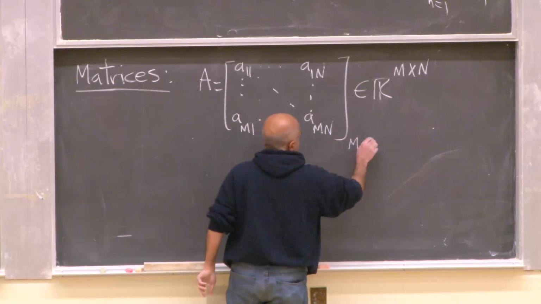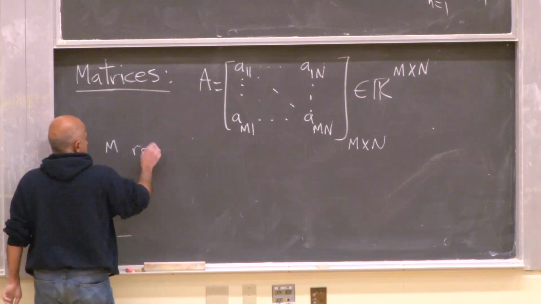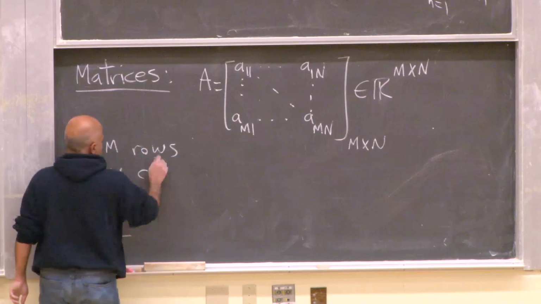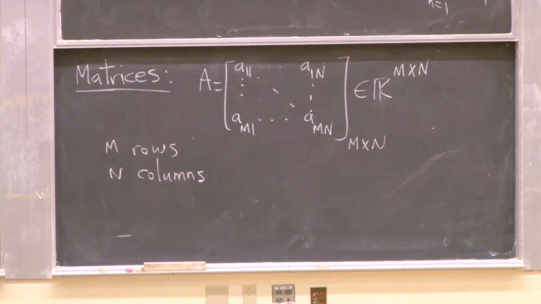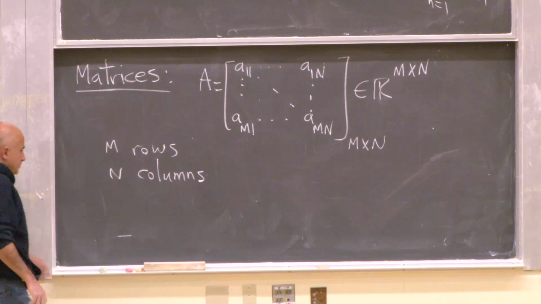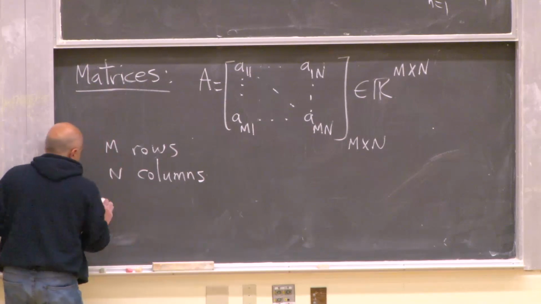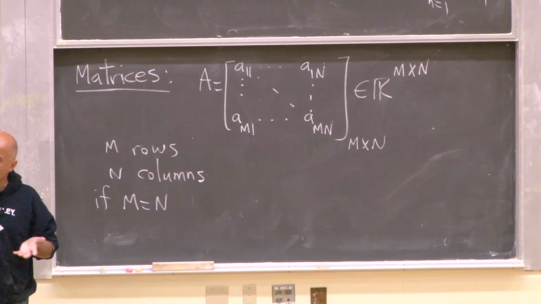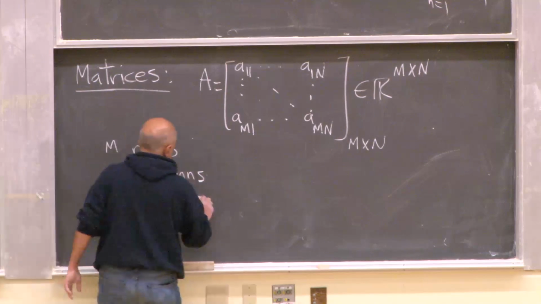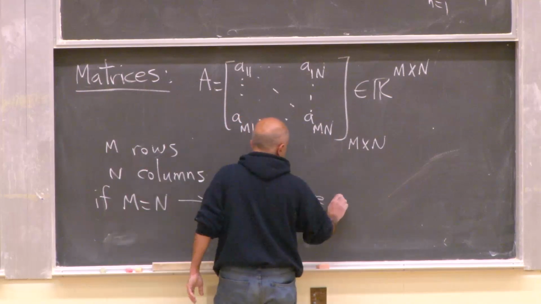This is called an M by N matrix. It has M rows and N columns. The equations that we dealt with earlier with Gaussian elimination all involve 2 by 2 matrices. If M is equal to N, in other words, if the number of rows and the number of columns is the same, then we say A is a square matrix.